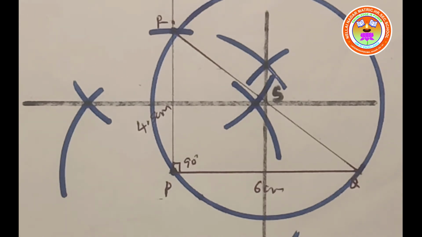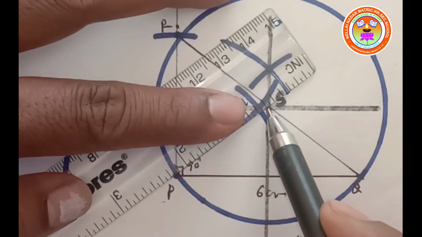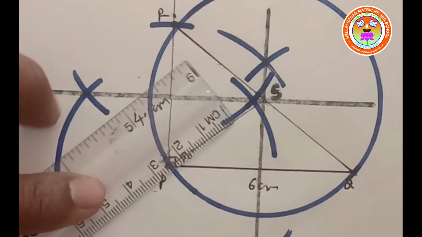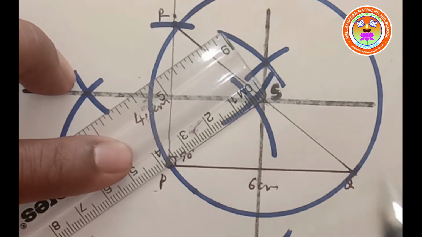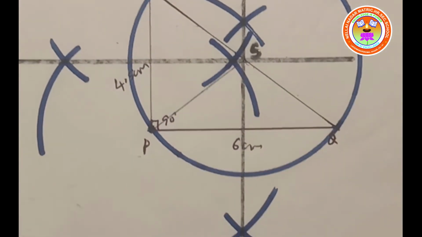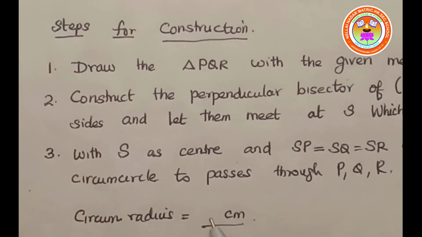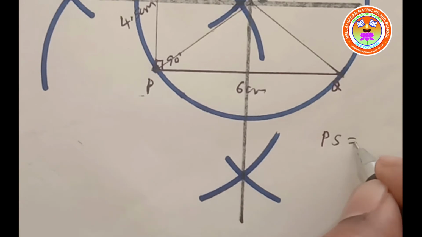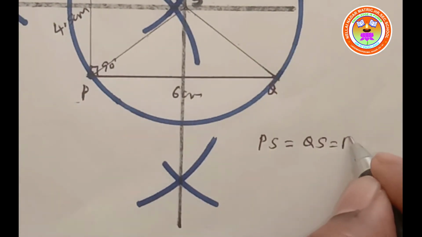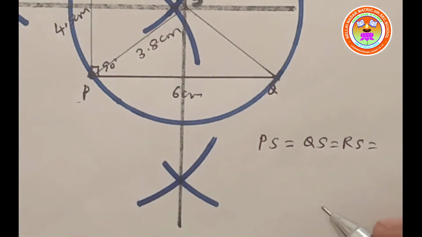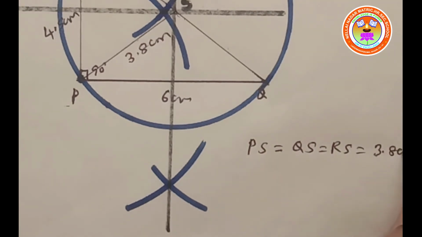Now you have to find the circumradius. From here I am going to measure 3.8 exactly. So the circumradius is 3.8. So I can write here also PS is equal to QS equal to RS equal to 3.8 centimeter. It's clear, children? 3.8 centimeter.